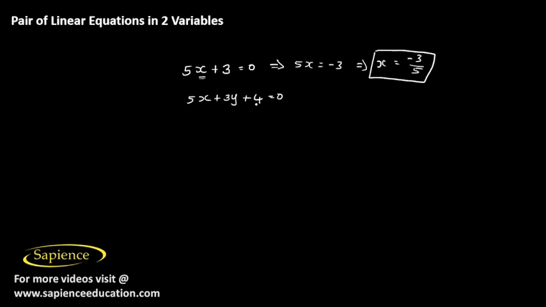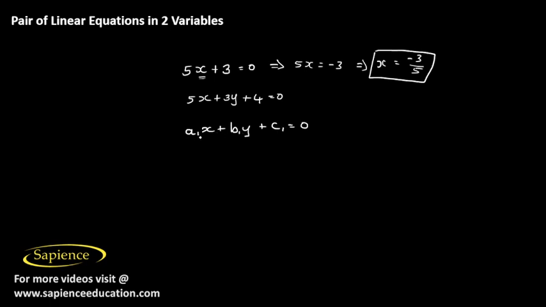And the standard form of a linear equation in two variables can be written like this: ax plus by plus c is equal to 0. This is the standard notation for a linear equation in two variables. Now we can consider two different equations.